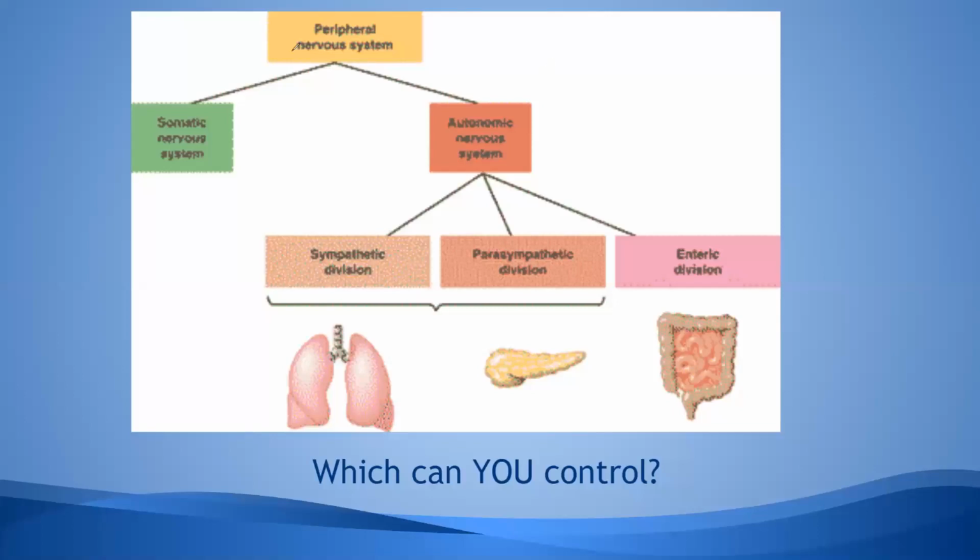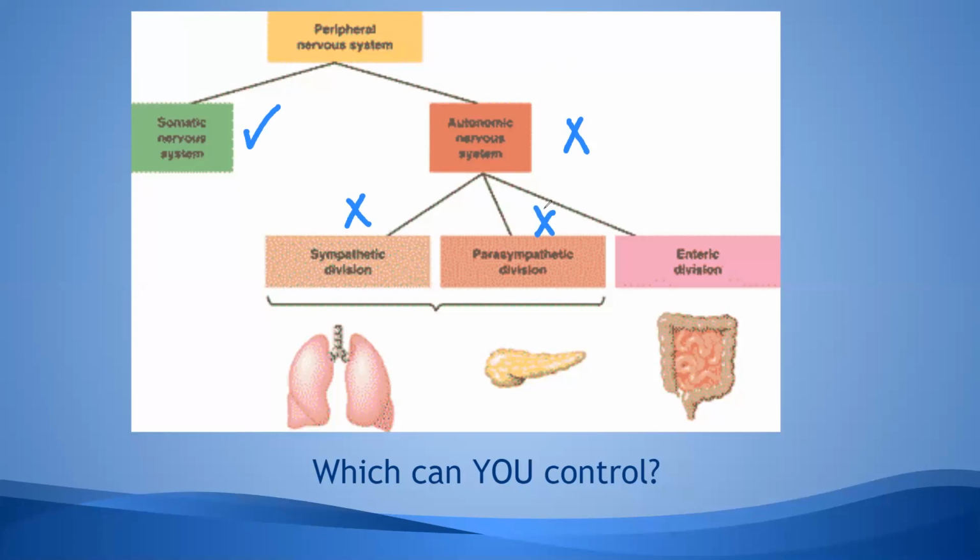Awesome. So if you paused and you figured that out, let's go through and check. Our peripheral nervous system is divided into somatic and autonomic. Somatic, remember, is the only one that we do control. Autonomic is under non-voluntary control, which means technically sympathetic and parasympathetic are also not under voluntary control.